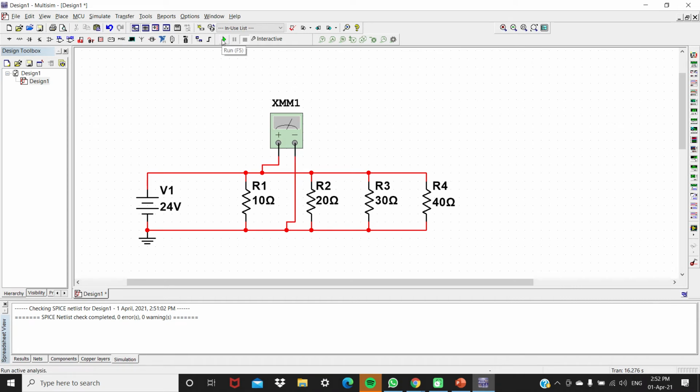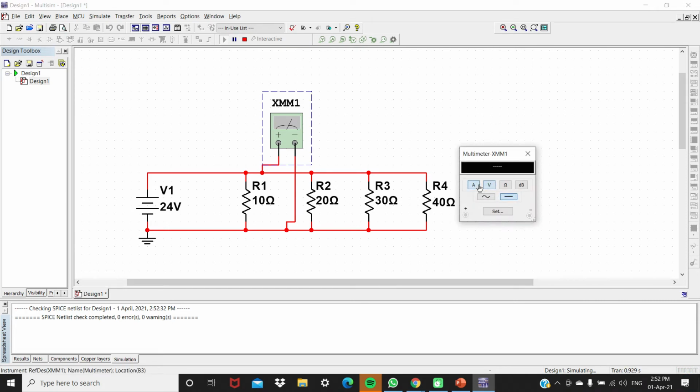Okay, now let's look at the current. What is the current now? Okay, that is 2.4. Is it 2.4 amps? Okay. Now try putting the negative probe on the same line. I mean, on the same conductor.